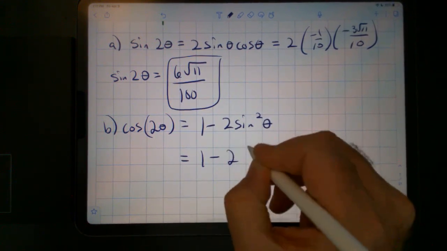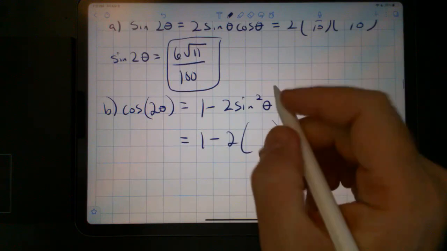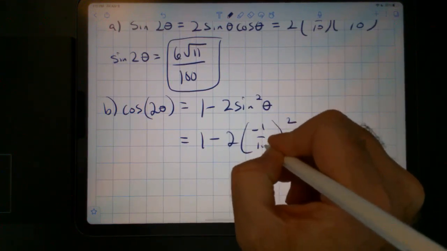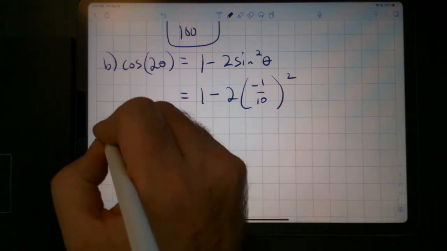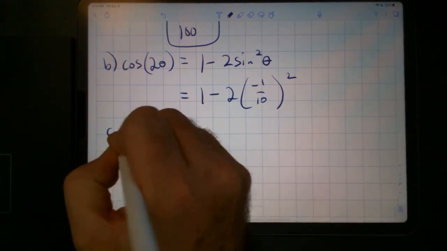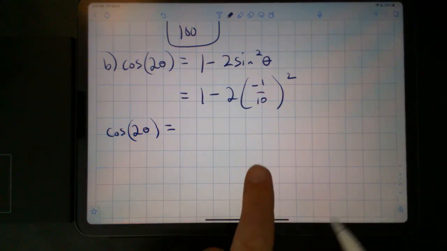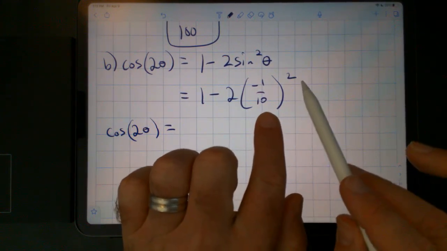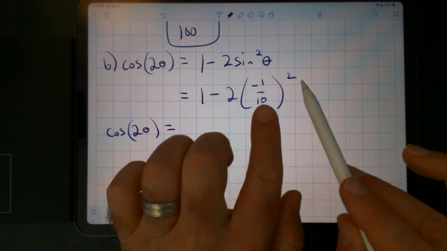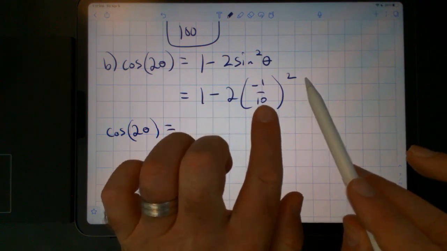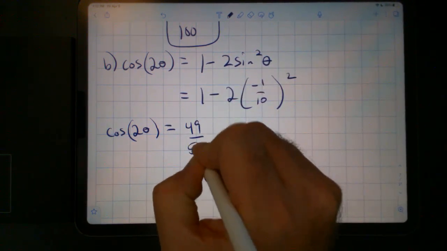That's 1 minus 2 times negative 1 over 10 squared. And so cosine of 2 theta is equal to, this squared is going to be 1 over 100. 2 over 100 is 1 over 50. So I have 50 over 50 minus 1 over 50. This is going to be 49 over 50.